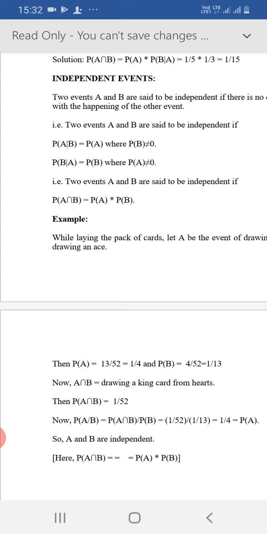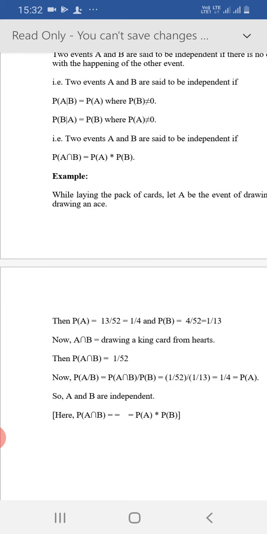Now A intersection B is drawing the ace of diamonds, so the probability of A intersection B is equal to 1 upon 52.